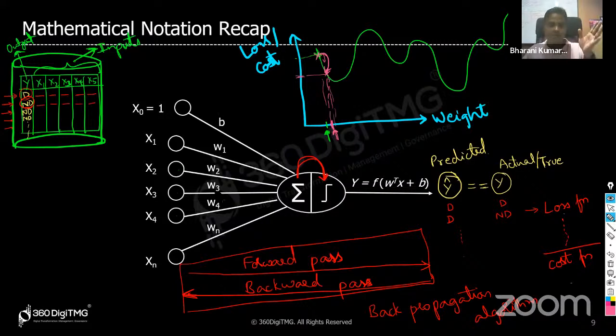Now what happens is with the new weights, once again, you pass each and every observation through your algorithm and then calculate the loss for each and every observation, aggregate it to get the cost, then go back with that cost to update your weights. So weights are again updated and your loss also will get updated.